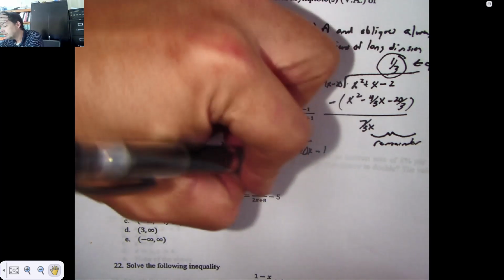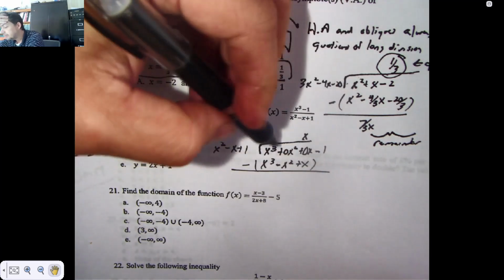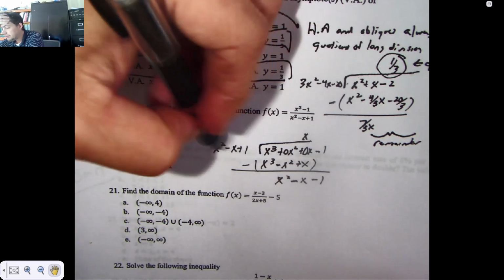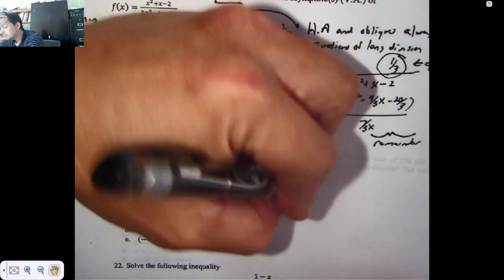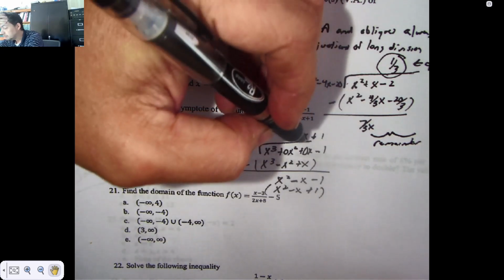And then when I distribute, x cubed minus x squared plus x, right before you subtract, we'll have a positive x squared minus an x, bring it down, 1, 2. To turn an x squared into an x squared, you need 1. And when you subtract here, you get this negative 2, which is your remainder.